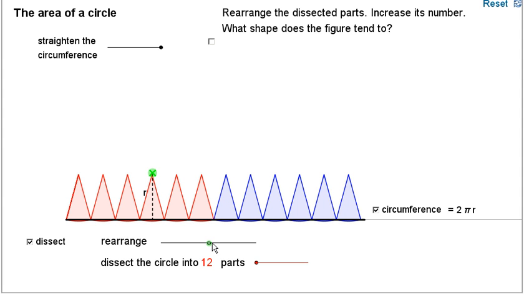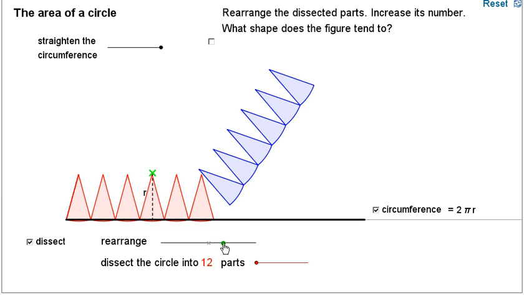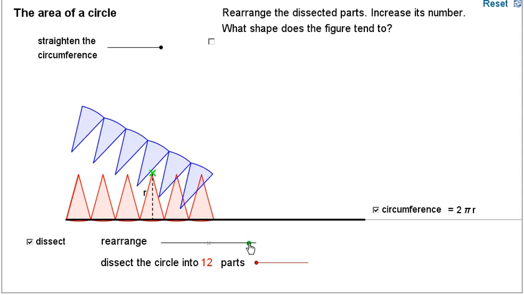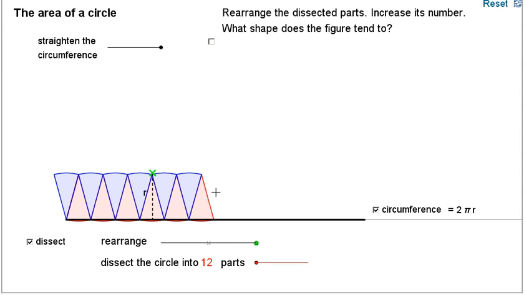I'm going to continue to rearrange, taking the 12 twelfths of the circle and putting them together to roughly make the shape of a parallelogram. Let's go back and take a look at that again.